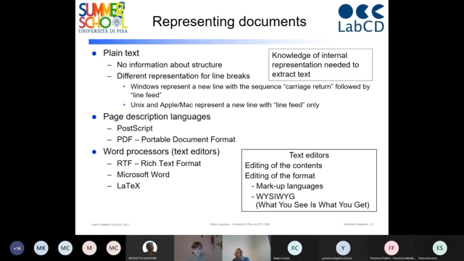So let me say, you have to provide to the text editor also the information about formatting. And this we will see better in a moment.